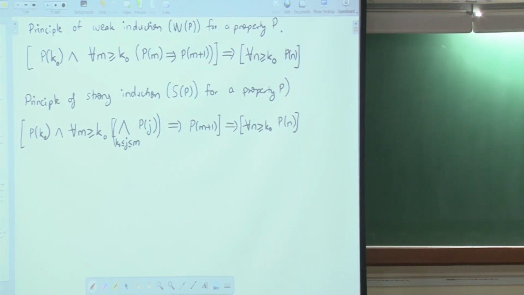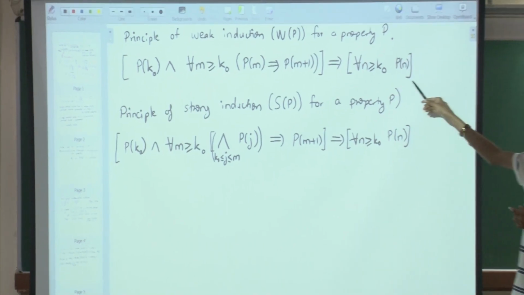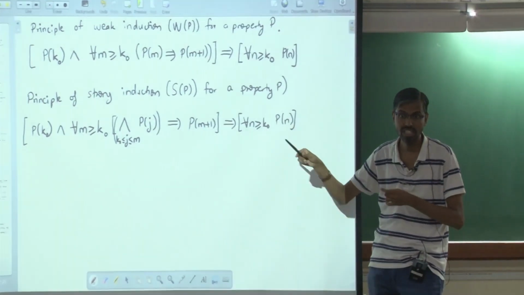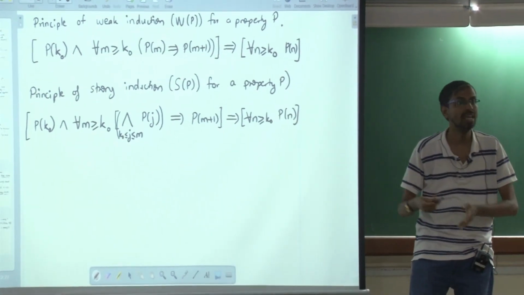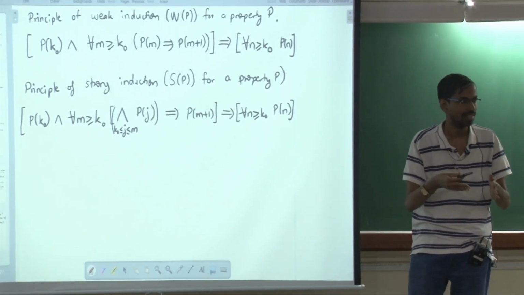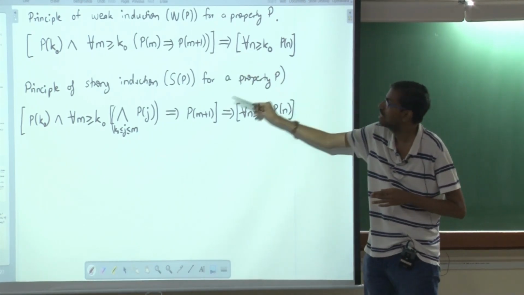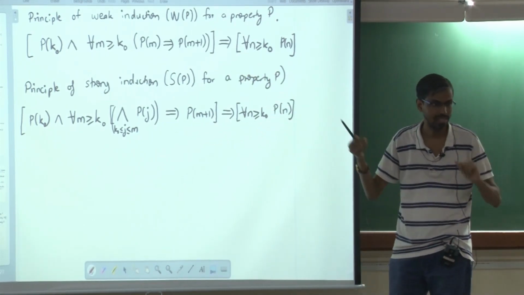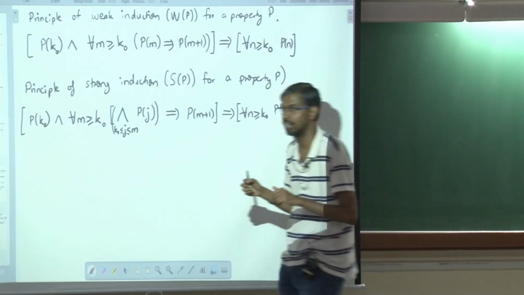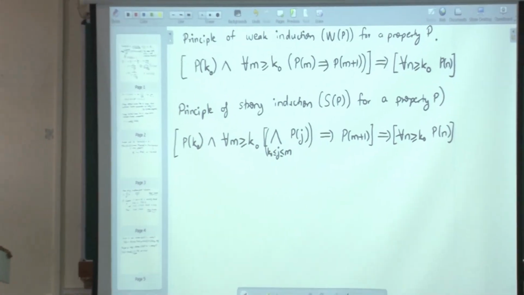Using a series of implications, and what is given to us, see, the principle of weak induction and the principle of strong induction are both statements of type A implies B. So A implies B. This is also A implies B. This is also C implies D, let's say. Okay, let me write it down. We are going to use these statements.